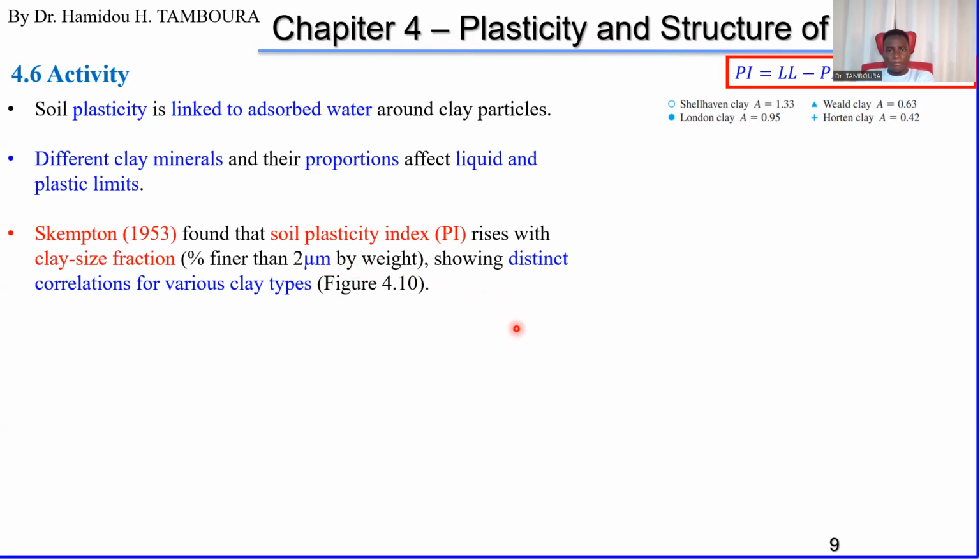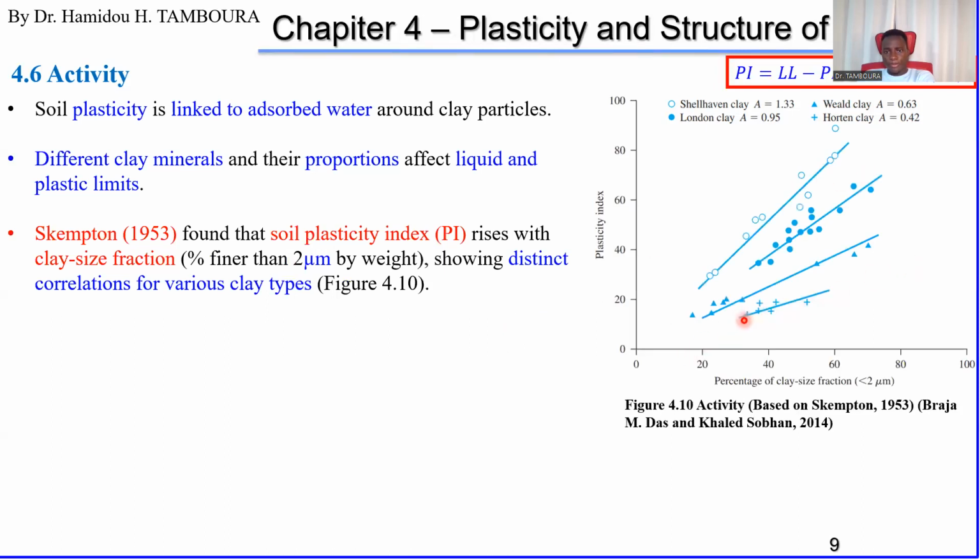And as you can see, he found different correlations for different types of clay. So we have, for example, this one. I don't know if I can read it right. Is it Horton clay? This one is this type of clay.